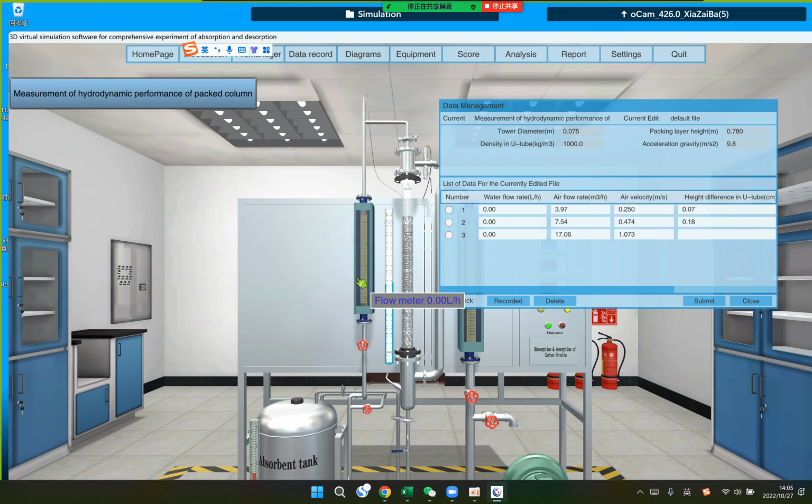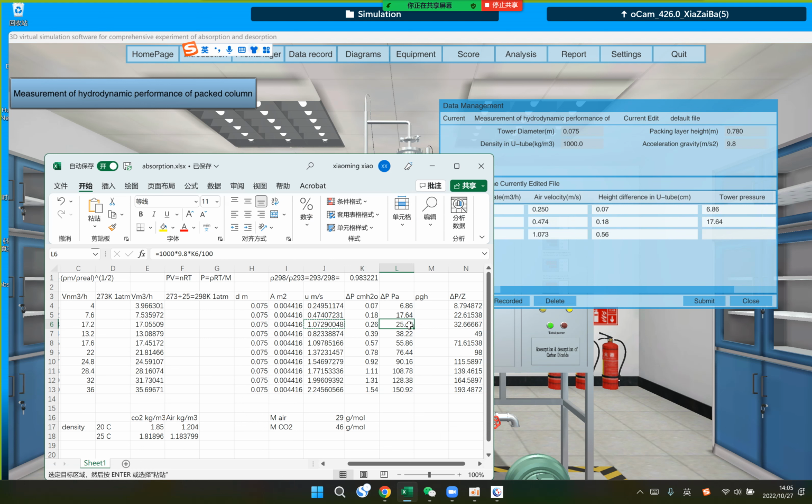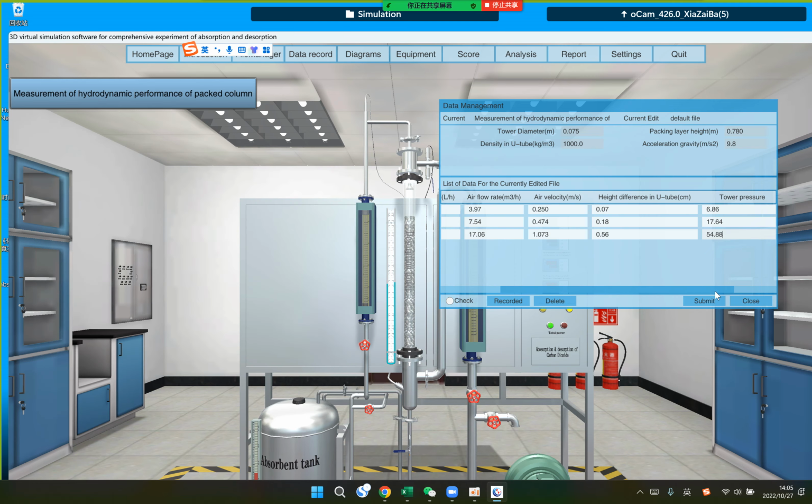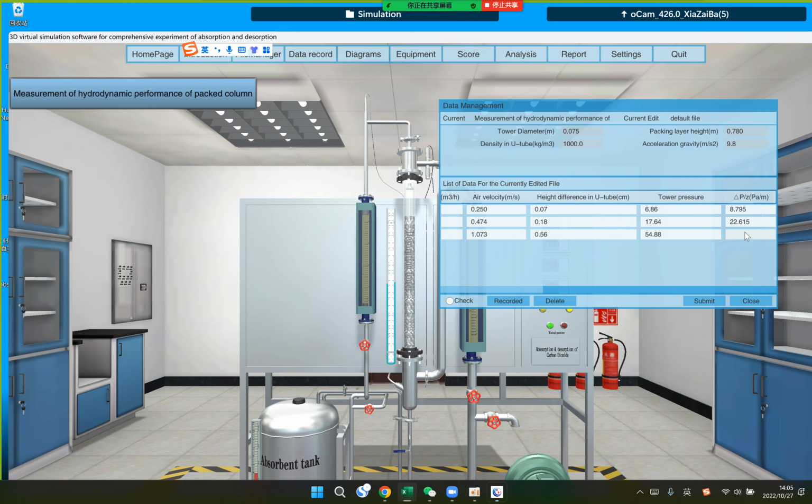The height for the U-tube reading is 0.56, and then as for the pressure drop, we change it into Pascal, and find the delta P divided by Z in this one.